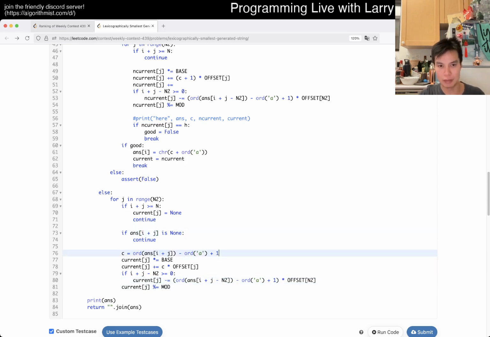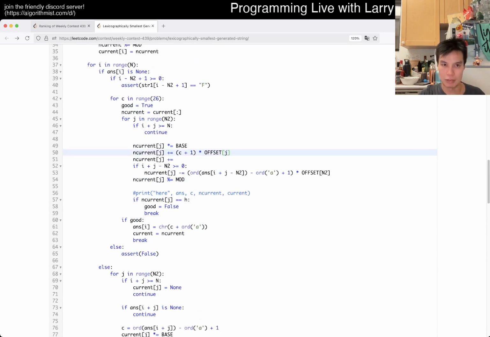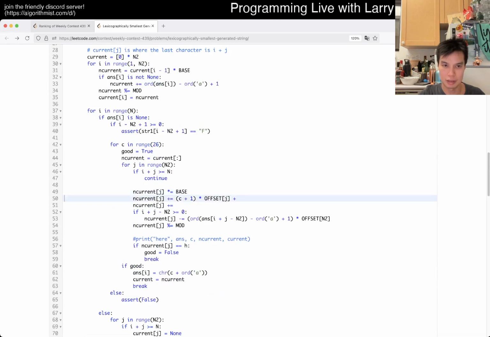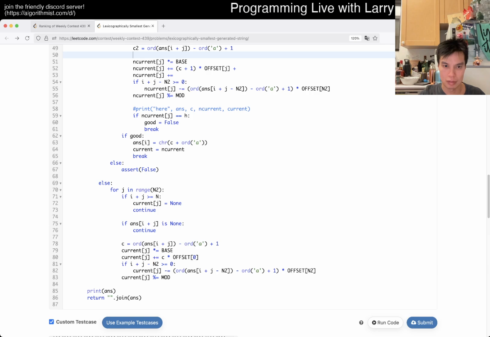So this is no longer an offset of 1. This is an offset of 0, which I guess is just 0. That's why this is weird. This we have to set to C, but even regardless, we have to set this other C.